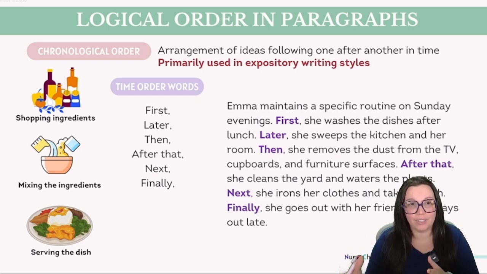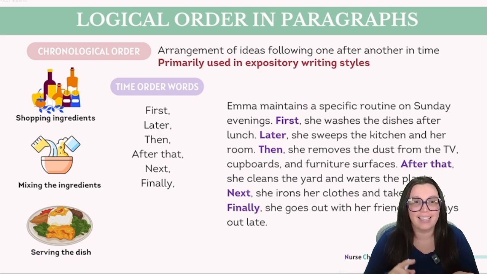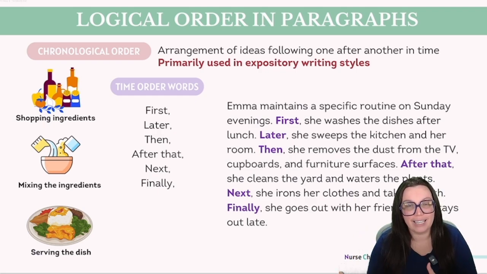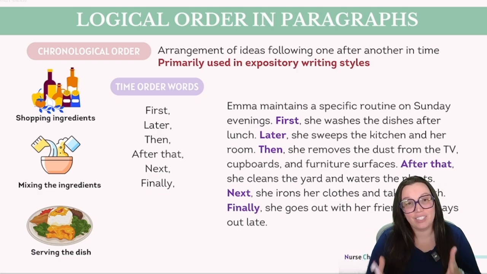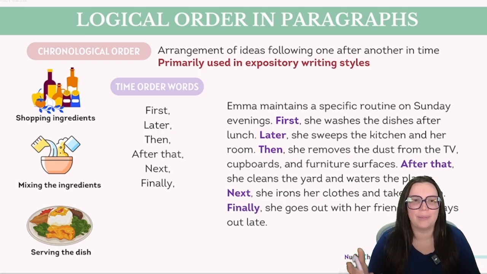Time order words, also known as chronological transitions, such as first, later, after that, then, next, and finally, aid writers in structurally organizing their ideas in a paragraph using a sequential manner. In terms of punctuation, a comma is typically placed after these time order words when we start a sentence.